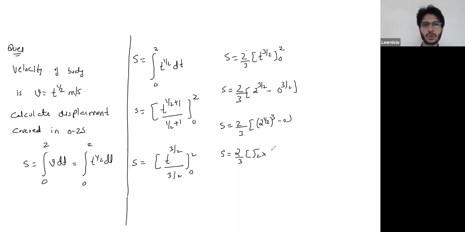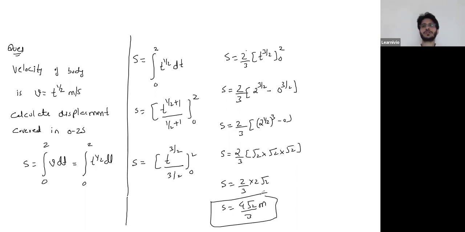So that's root 2 into root 2 into root 2, which is 2 root 2. So the displacement is 2 by 3 multiplied by 2 root 2, which is 4 root 2 over 3. So this is the total displacement, 4 root 2 divided by 3.